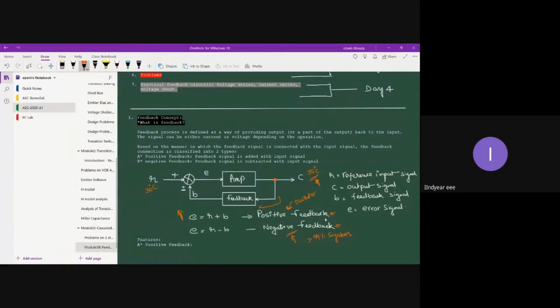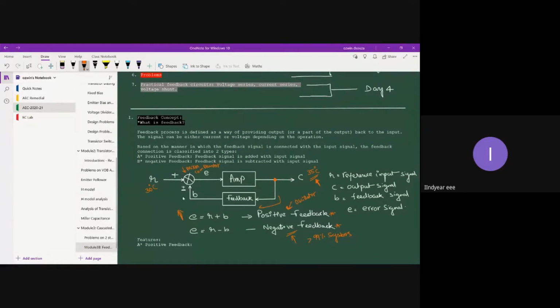This feedback sensor senses the ambient temperature and feeds the signal back to the mixer, which is also called the comparator, which compares the two signals. So this feedback system senses the output and feeds it back to the input.